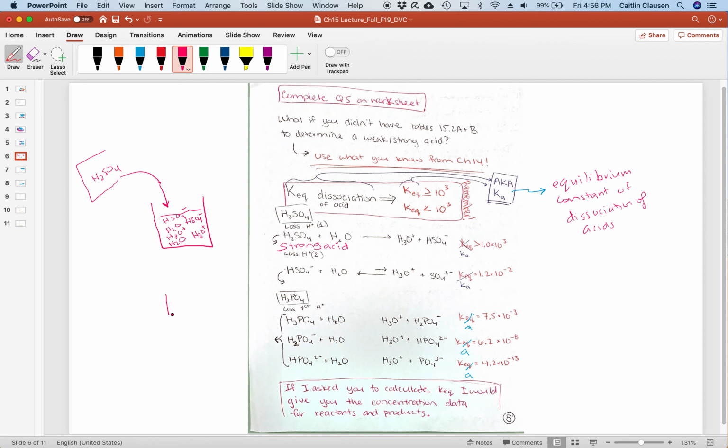Now if I have another beaker that has HSO4 minus in it, and I'm putting that into a beaker of water, according to this chemical equilibrium, it's 1.2 times 10 to the minus 2. That's a Keq that's less than 10 to the minus 3. This is not going to fully dissociate. This is going to be a very weak acid.